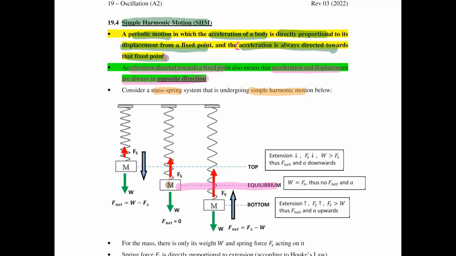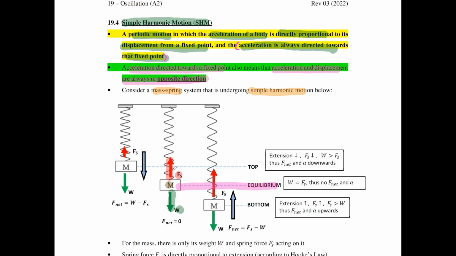Let's just consider the forces that act on the mass first. The forces acting on the mass would have weight W acting downwards, and then it will also have a spring force acting upwards. Because your mass is attached to a spring, it pulls down on the spring, which will in turn try to pull back up on the mass. So the spring force is directed upwards.